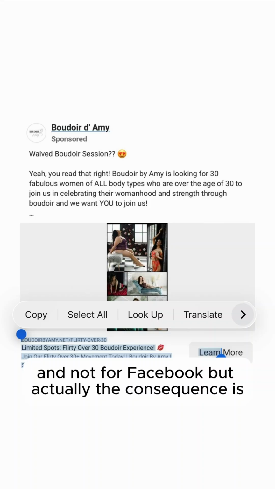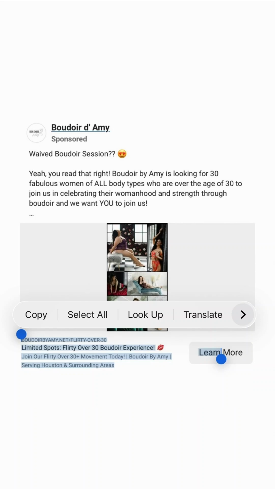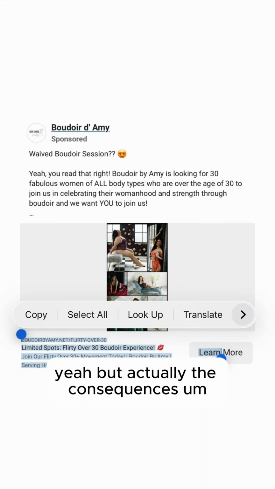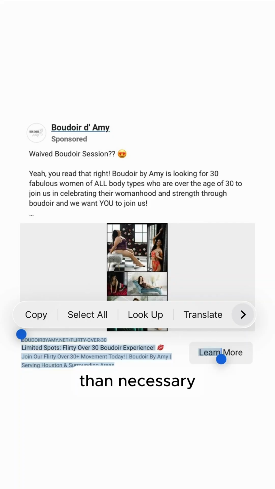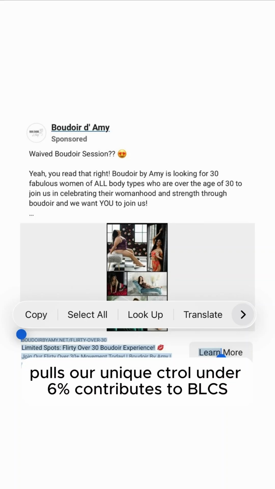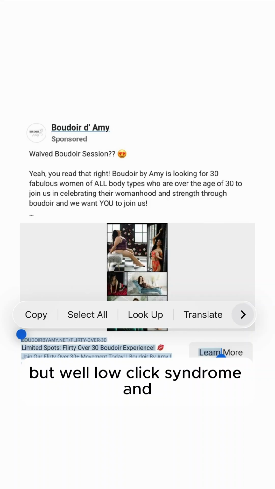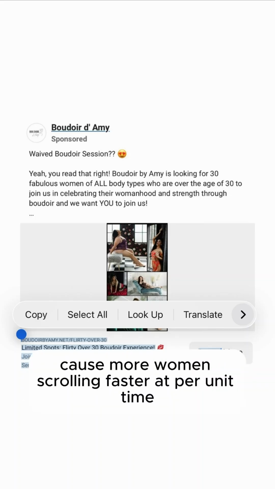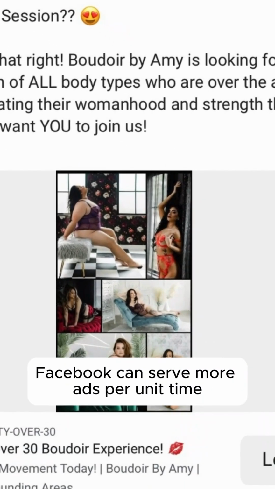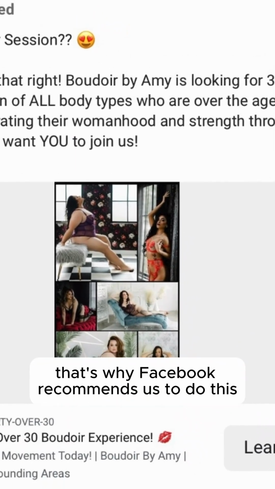But actually the consequence is way more women scrolling by our Boudoir Facebook ad than necessary, which pulls our unique CTR under 6% and contributes to BLCS, Boudoir low click syndrome. Facebook actually makes more money per unit time from this because more women scrolling faster means Facebook can serve more ads per unit time. That's why Facebook recommends us to do this.